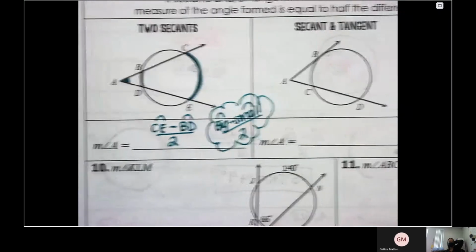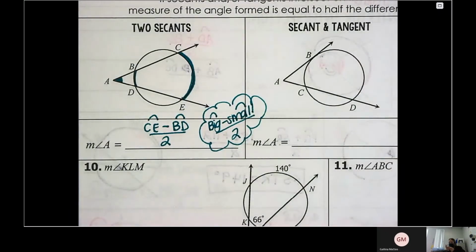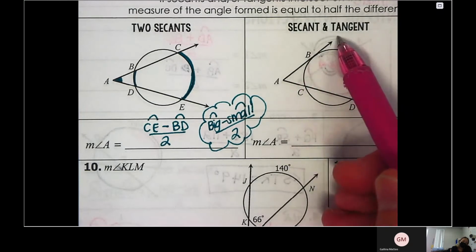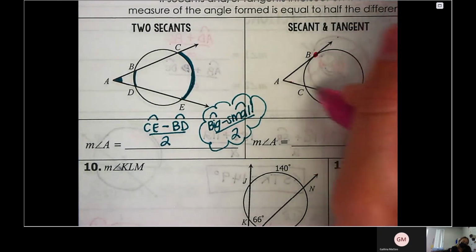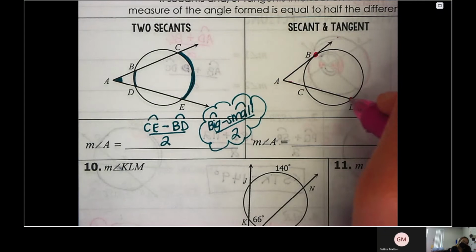So take a look at the next picture. Big arc minus the small arc divided by 2. What's the big arc in that picture that's being intercepted? So follow these 2 lines. One hits here, one hits here.